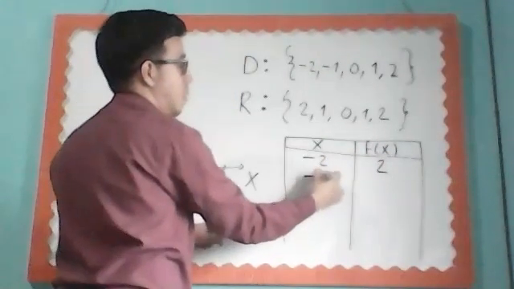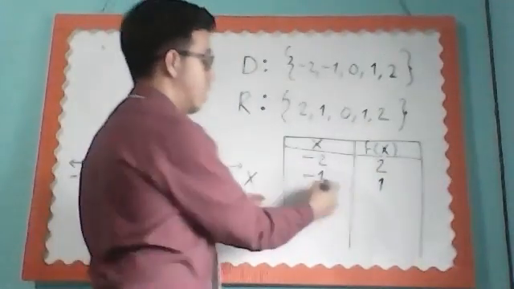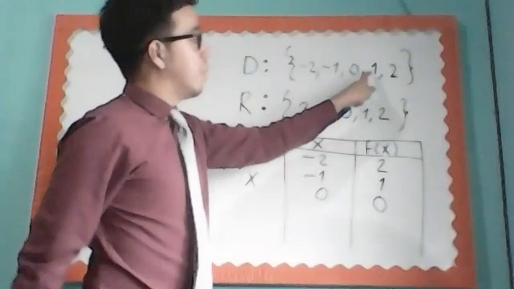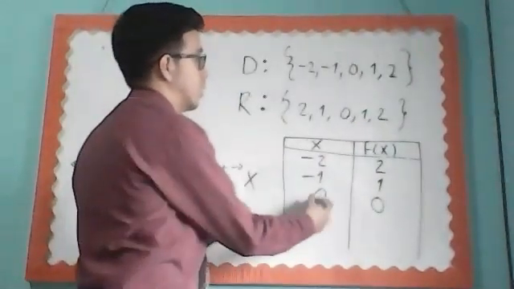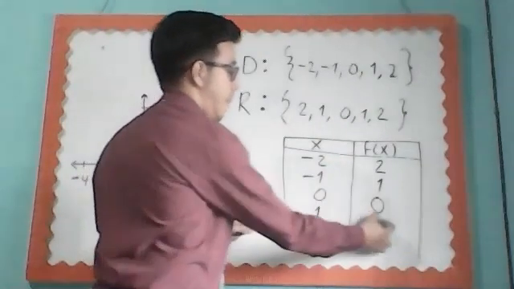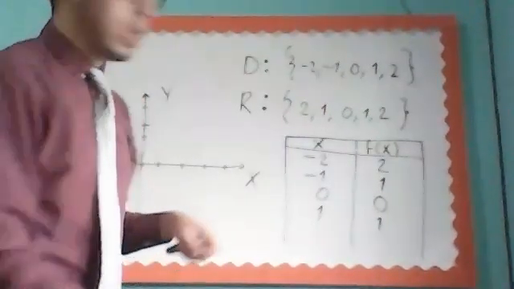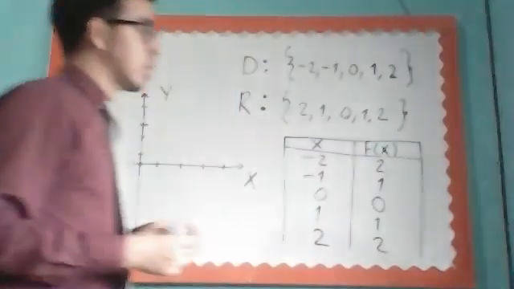When this is -1, you have +1. In 0 it is 0. You have +1 for the x and the y is +1. And for the last part, 2 and 2.